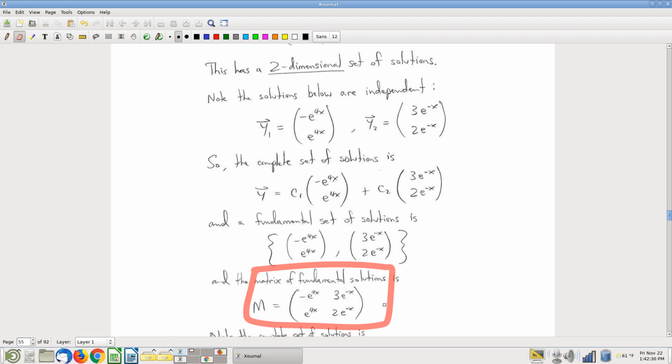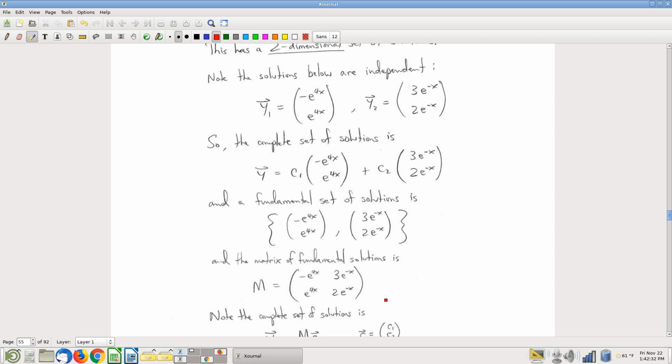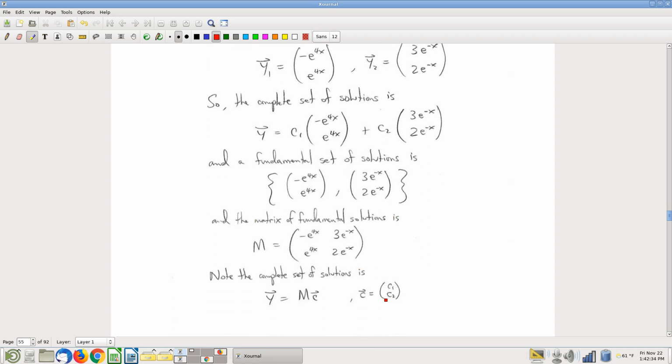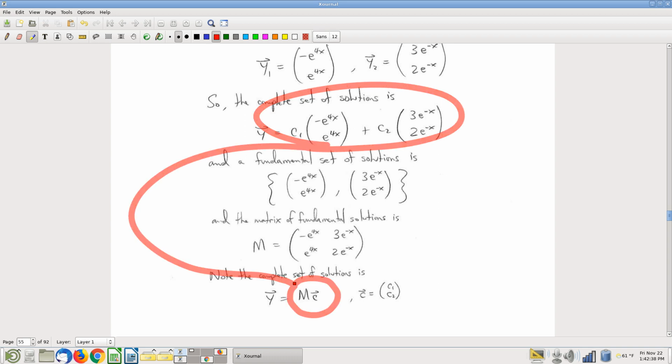But we can see now how convenient it actually is by noticing that this collection of linear combinations here is what you get when you multiply that matrix by a vector of constant coefficients C1, C2. Right, so that's kind of neat how that works. This is a pretty decent argument for why we like fundamental solution matrices.